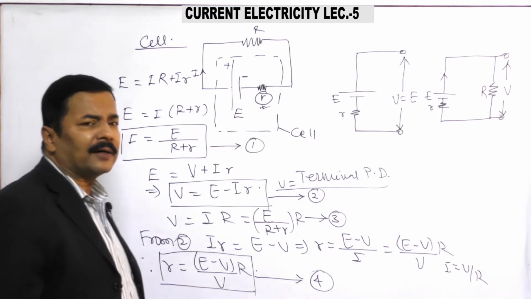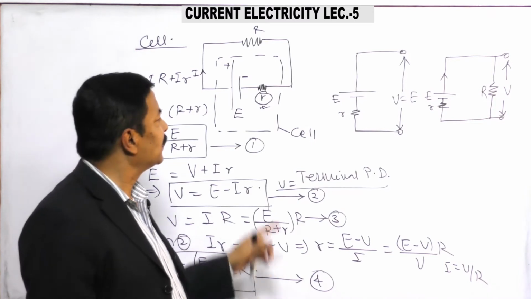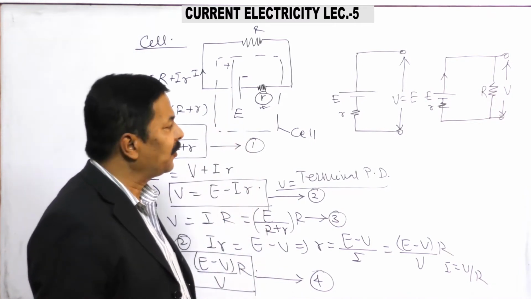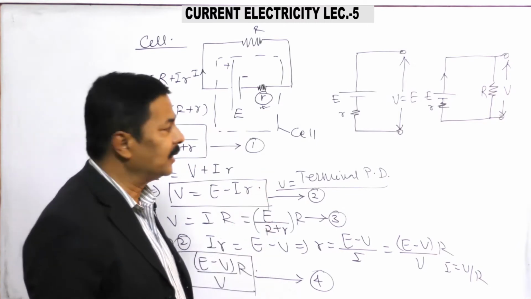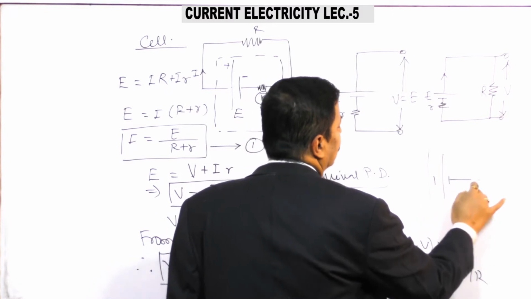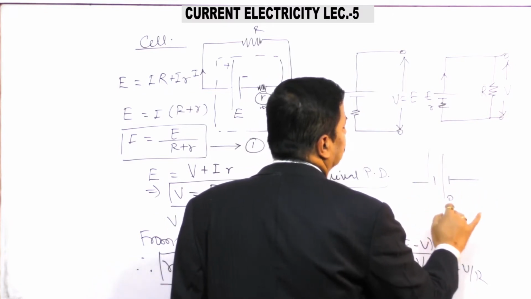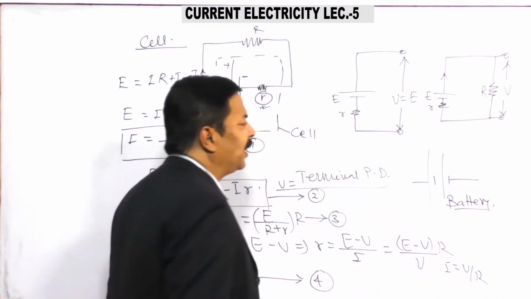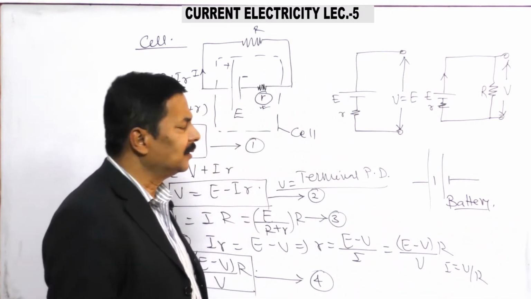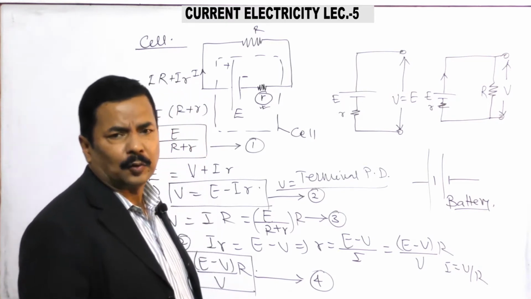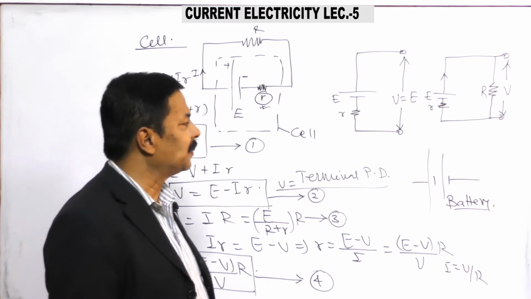Now, what are the factors on which the internal resistance of a cell depends? A battery is a combination of cells. In a battery, there are different plates of different materials, there is electrolyte, and a chemical reaction takes place.